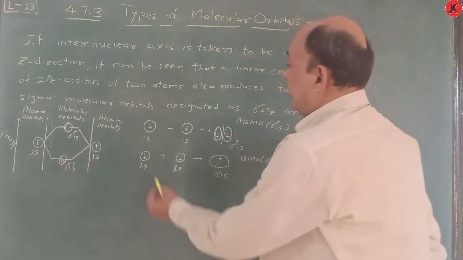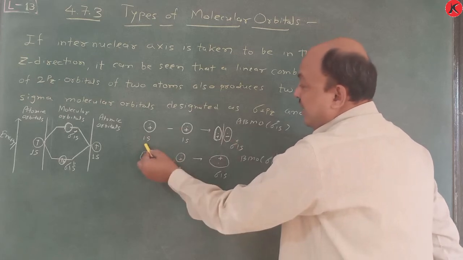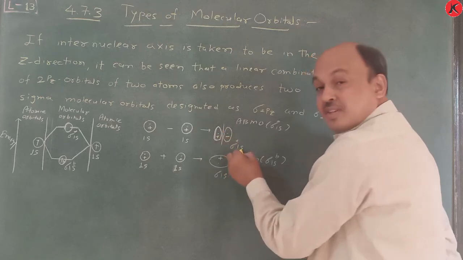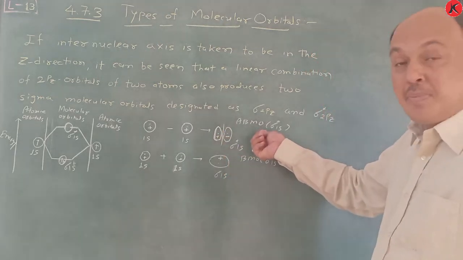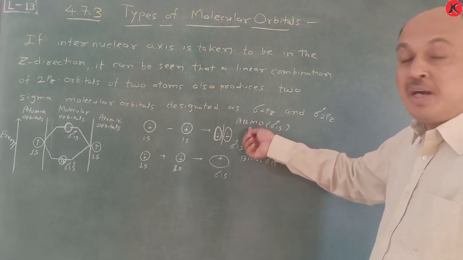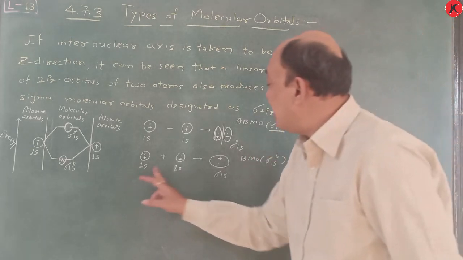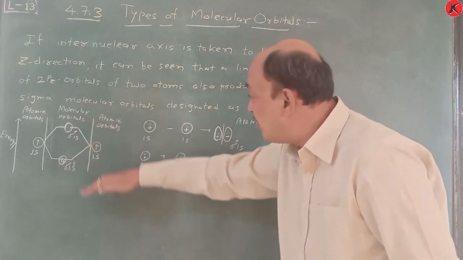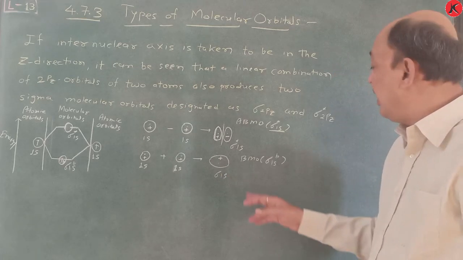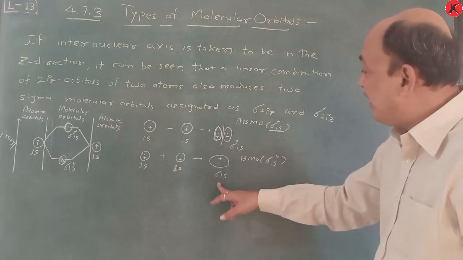These anti-bonding molecular orbitals are sigma star, that is 1s minus 1s. This is the ABMO, the anti-bonding sigma molecular orbital. Here 1s plus 1s means combination occurs and energy becomes lower. This is the BMO, the bonding sigma molecular orbital, sigma 1s.